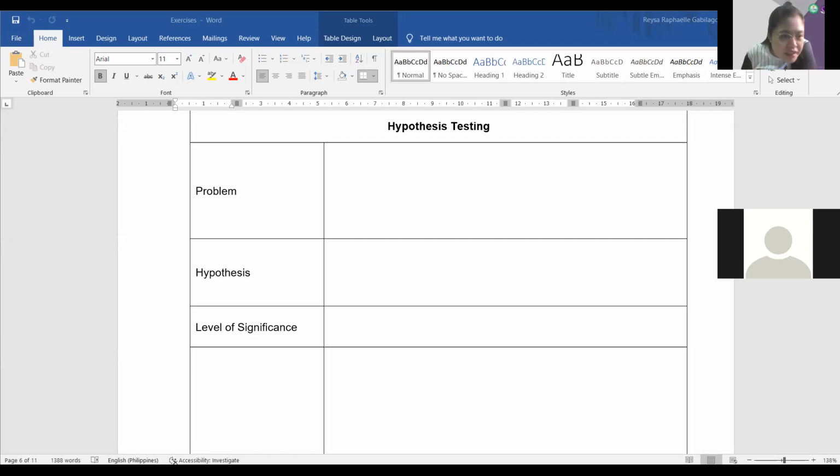Nakabigay na lahat. Sino pang hindi nakapagbigay ng answer sa lahat ng tinawag ko? Agustin. Did I call yun na? Or naghatag lang kag-answer? It's okay to share your answer, no problem. Let's see.